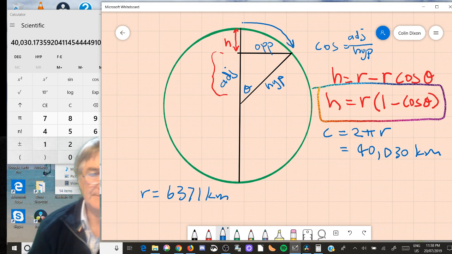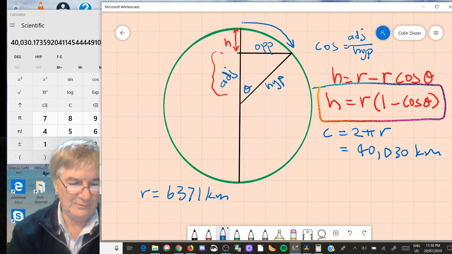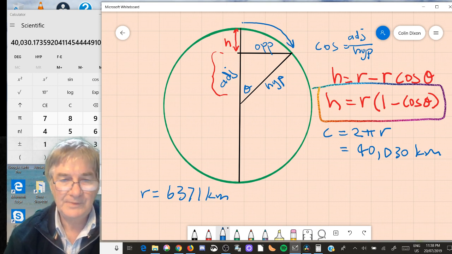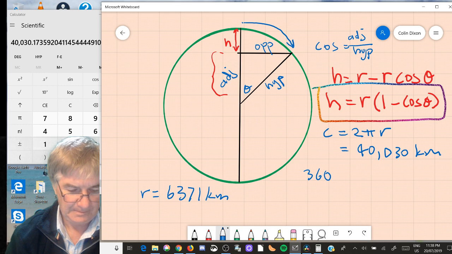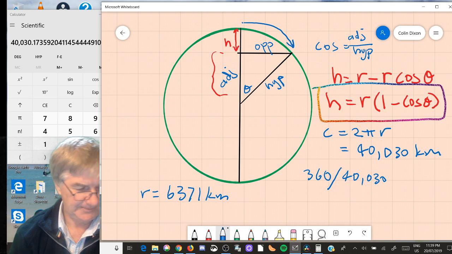To calculate the angle from that distance, we need to know that there are 360 degrees in a circle, and if we want to find out what 1 kilometre is, we need to divide 360 by 40,030 kilometres.